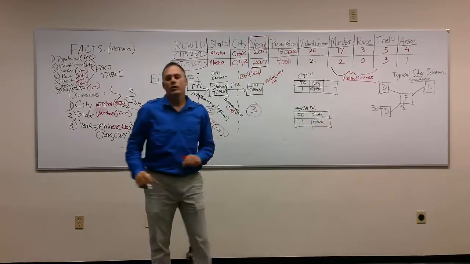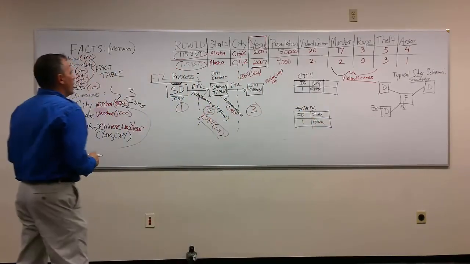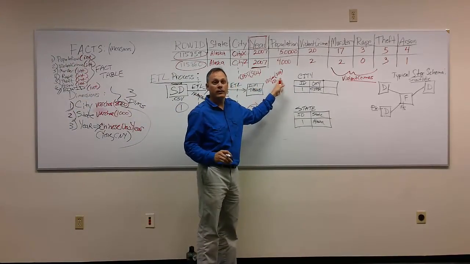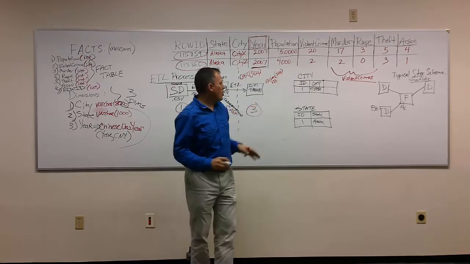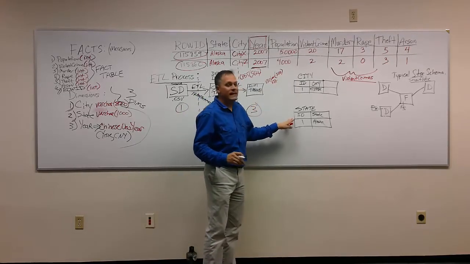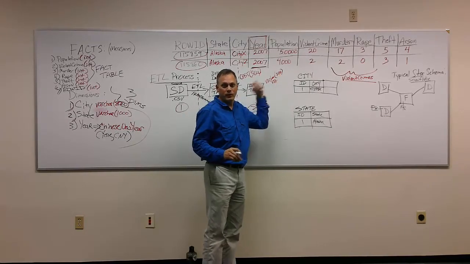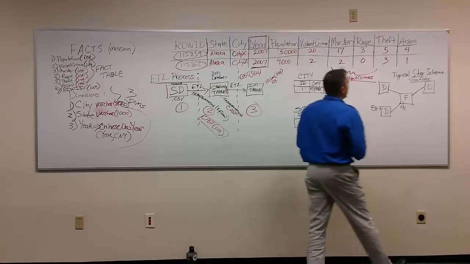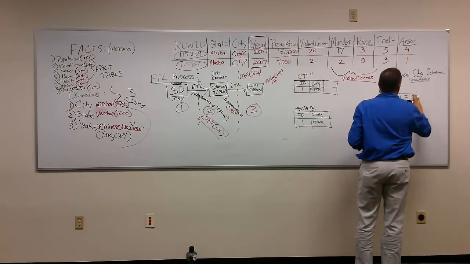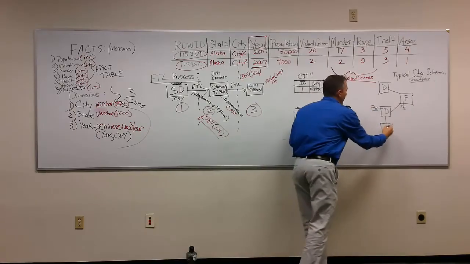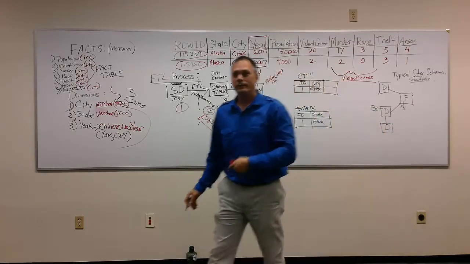Now, what do we know about city and state? Is there a hierarchy here? We know that each state has multiple cities, don't we? So it might look like that, right?